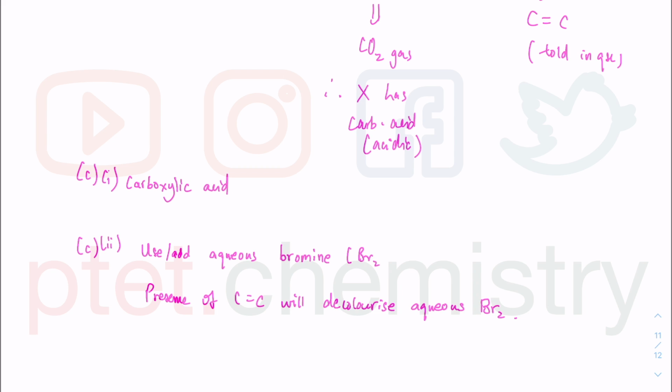So what it actually means is it will turn from orange yellow, because it's not reddish brown since it's not liquid bromine. So you can also say the orange yellow color of aqueous Br2 turns colorless in the presence of a carbon-carbon double bond or unsaturated compounds, because you can add across the carbon-carbon double bond there.